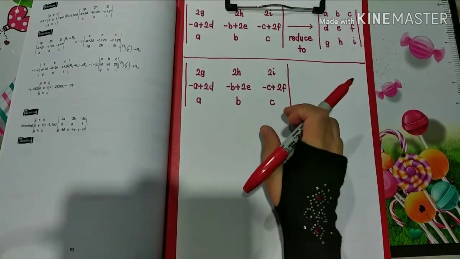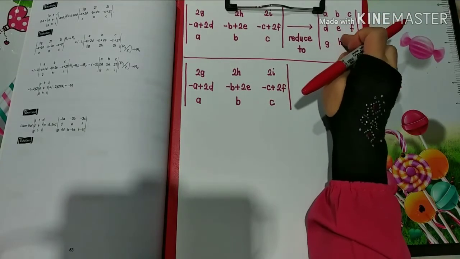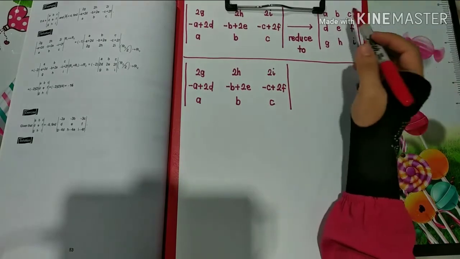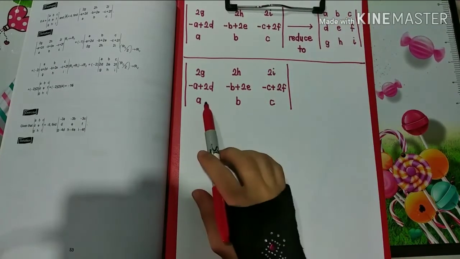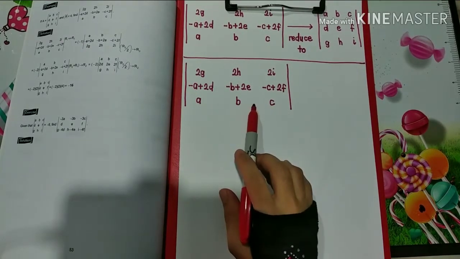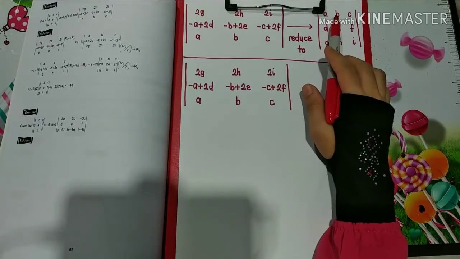Our target is to reduce this matrix to matrix A. So you always check with matrix A. We have ABC here for matrix A, and also we have ABC here. But for this one, ABC is at the third row, while for the other it is at the first row.